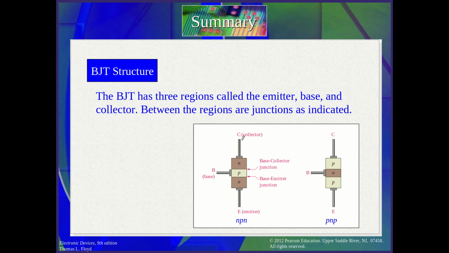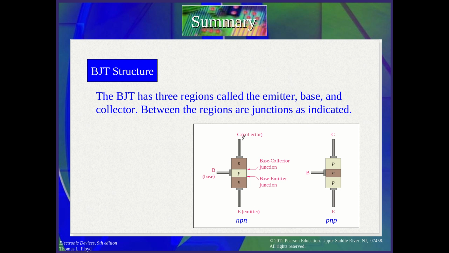The base is very thin compared to the other two, and it is a lightly doped region. Doping here means that we insert another type of material into the intrinsic material, making it P or N material. We dope the base very lightly compared to the other regions.